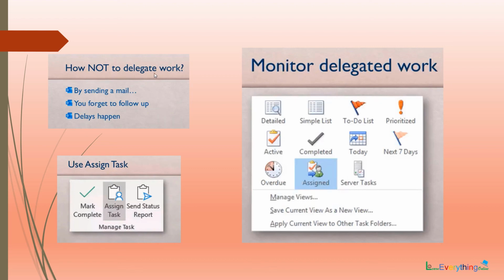So if you want to do the work properly, the first thing is you have to keep the practice of mail. Voice communication is always good, but keep the habit of sending a mail for every communication. Then if you forget to follow up, everything is monitored by the task list, so it will be easy for you.